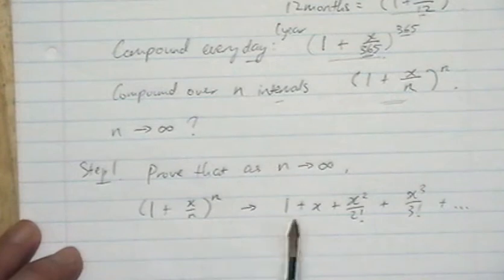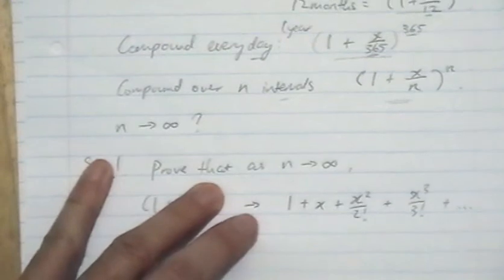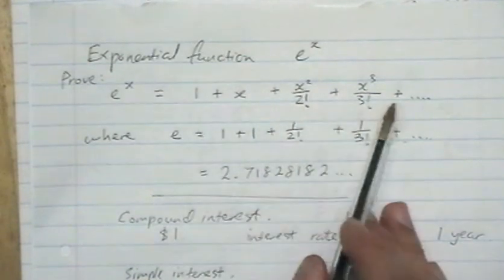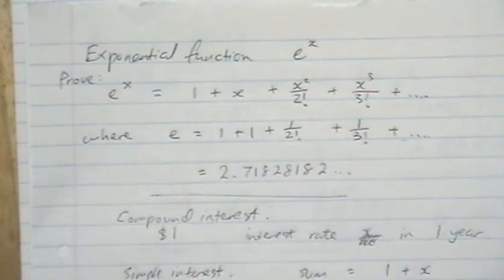I've made a step 1 in which I've shown that this expression here is equal to this series, which is the right hand side of this equation that I want to show down here.